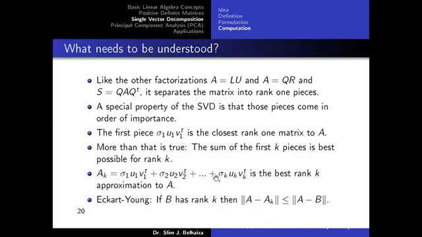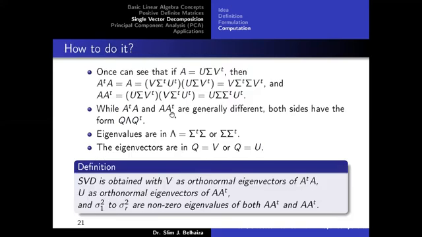So we are not only having a way to decompose a matrix, but we have the best decomposition of the matrix. How to do it? This is the mathematical stuff. We use the two symmetric matrices A^T A and A A^T. We get the eigenvectors and the eigenvalues for both of them. They do share some common eigenvalues, and these shared eigenvalues, using their square roots, are our singular values.